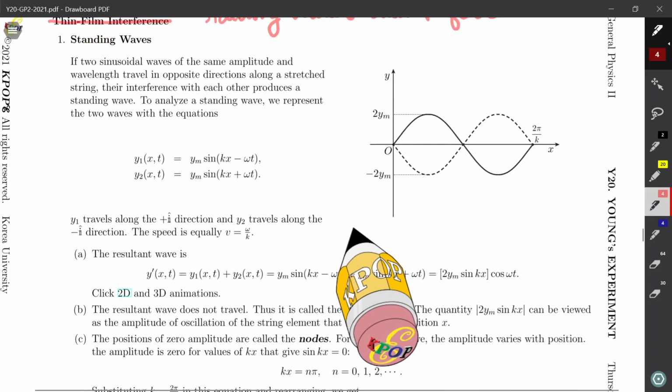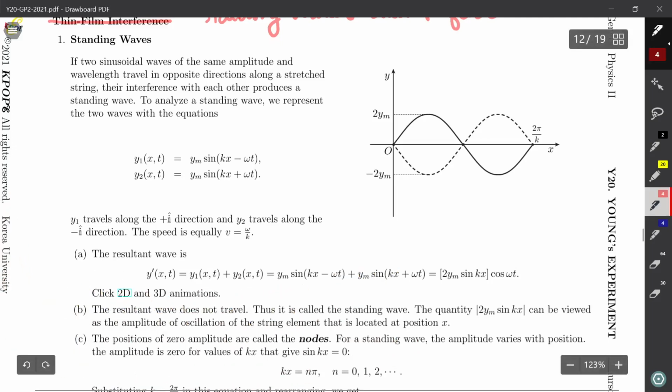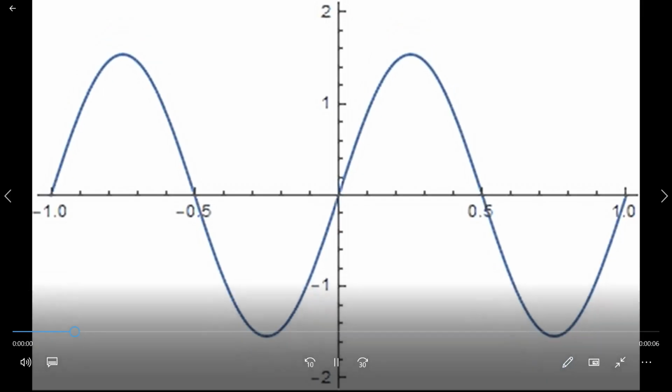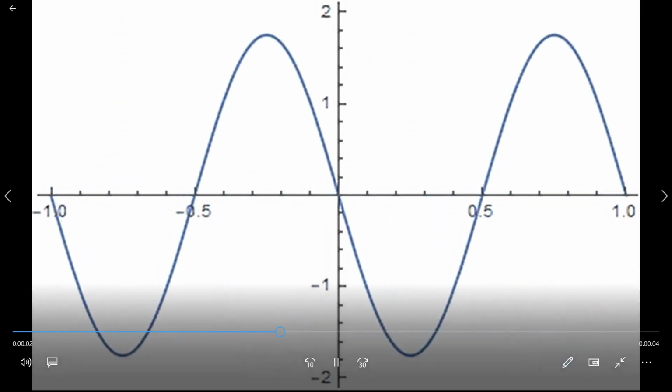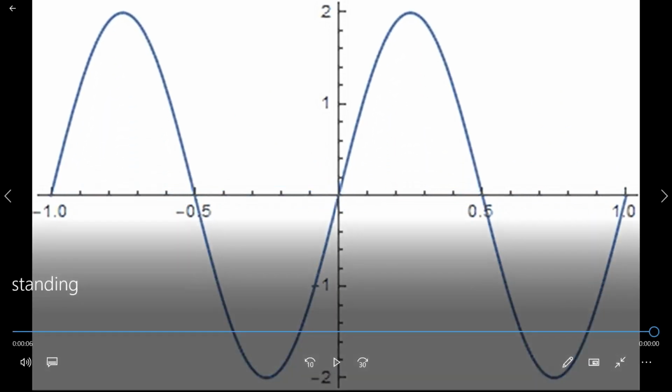Standing wave. Let's see the standing wave, better than an explanation. This is a standing wave.